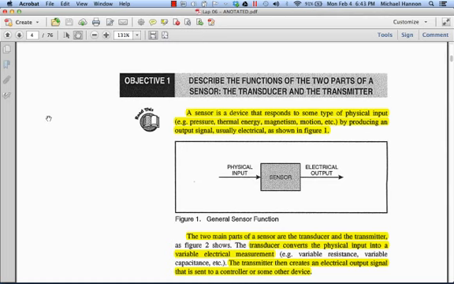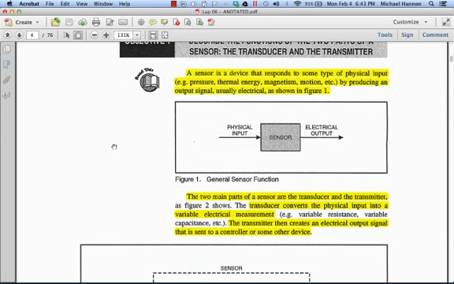Talk about the two parts of a level sensor. We have the transducer and the transmitter. Now, sometimes those transducers and the transmitters are combined in one piece. There are some outputs that have the transducer and the transmitter in two pieces.